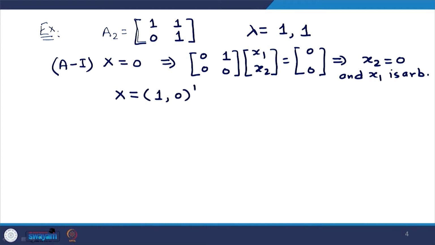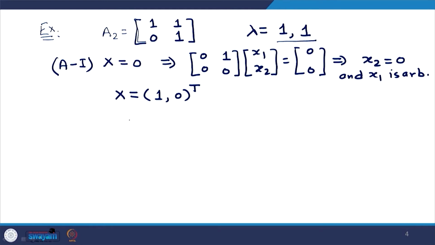So, from here I can write x equals (1, 0). So, what you are observing here is that we have two eigenvalues of this matrix which are both equal, that is lambda equals 1. However, corresponding to 1 we have only one eigenvector.